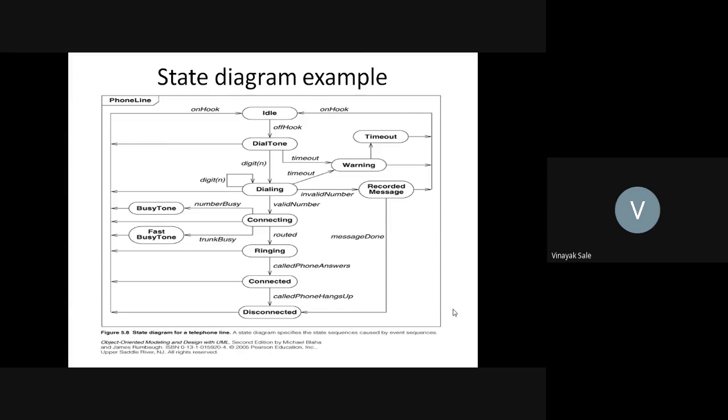Have you seen the state diagram of the phone line? Initially the receiver is in the idle state, on the hook. If we lift the receiver, that is off the hook, then we hear the dial tone.